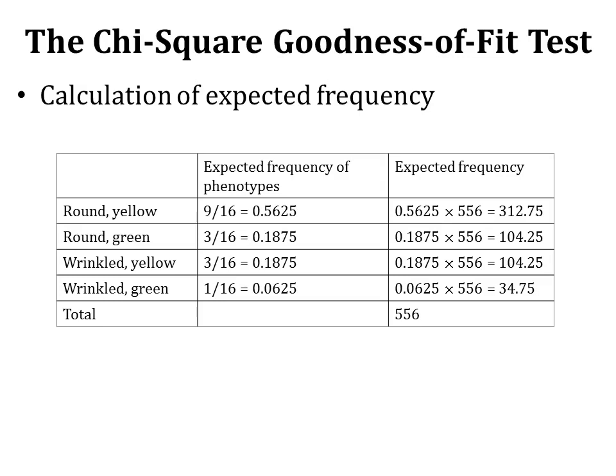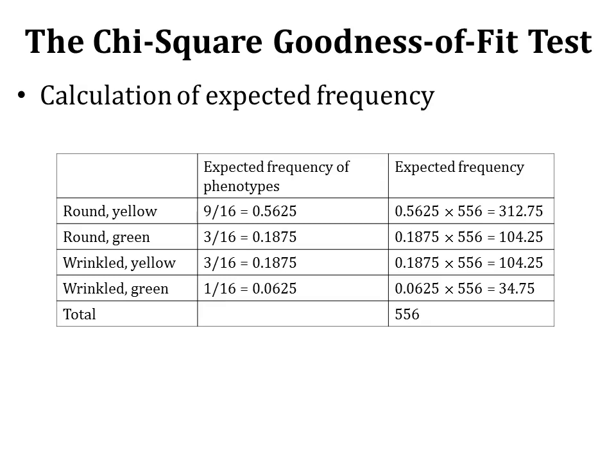And now we calculate the expected frequency. What is the total number of the progeny that the farmer had? It is 556. So 0.5625 out of 556 gives the expected frequency for round yellow, which is 312.75. For round green and wrinkled yellow, it is 104.25 each.